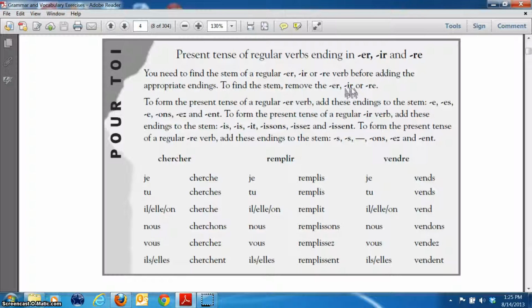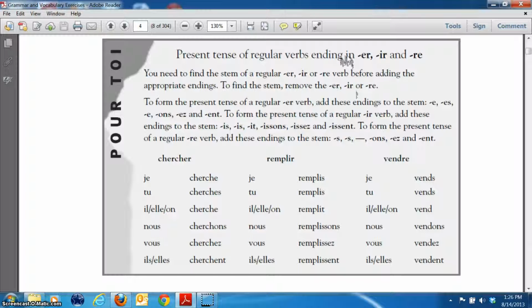Now the verb remplir means to fill up, for example, a bottle of water, or to fill out a form, remplir un formulaire. Now the last one, REs, are very easy to change. They're very similar to the ERs, but what is different is the je and tu have an S at the end.